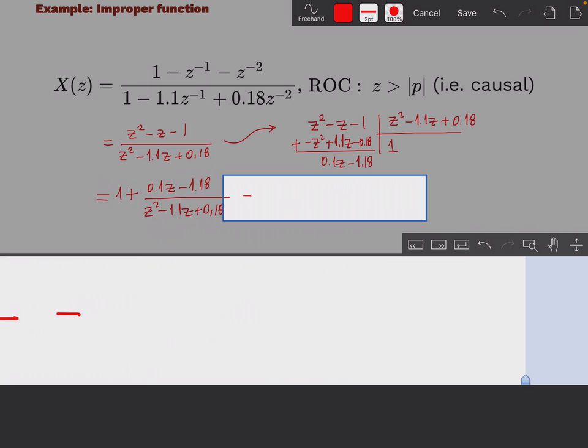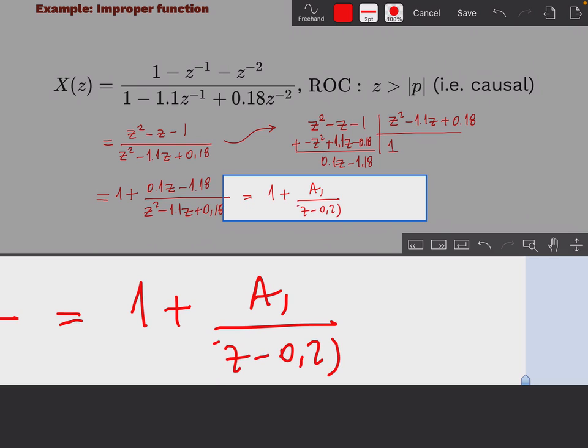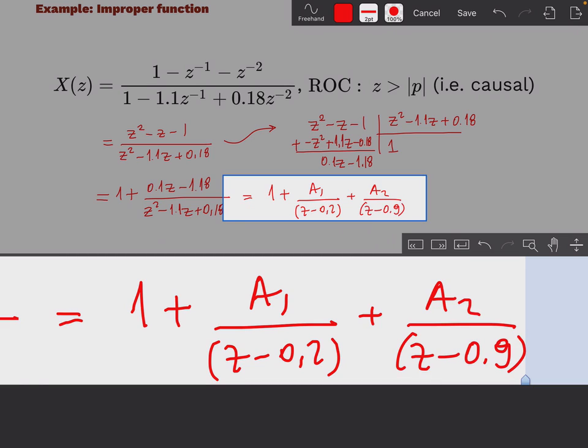So we would then go ahead and proceed by writing this as a1 over z minus 0.2. We have the same poles plus a2 over z minus 0.9, etc.